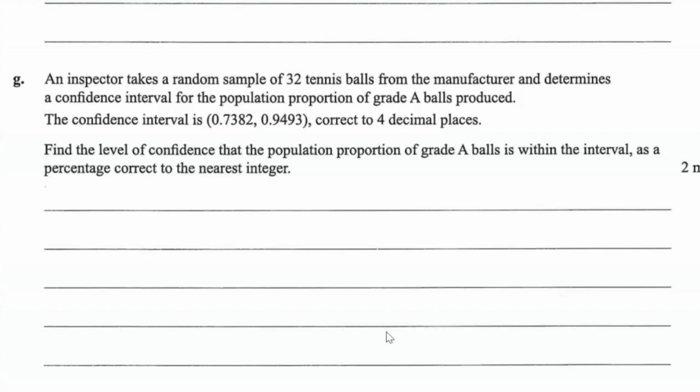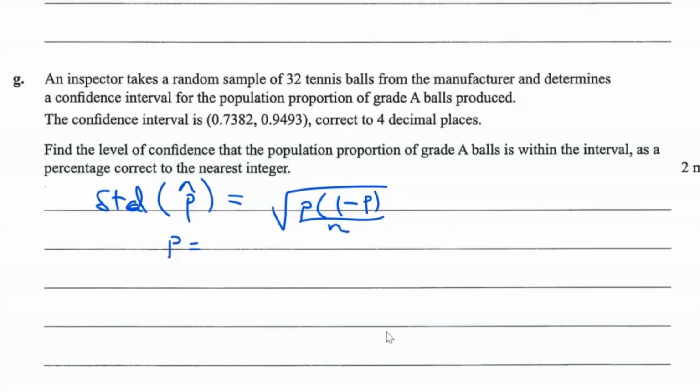So the p hat is that, p1 minus p over n. The p value must be 0.9382 plus 0.9493 divided by 2. So what do I get?